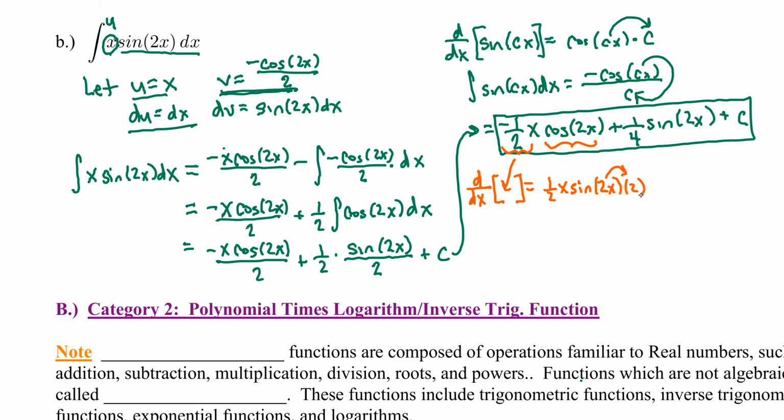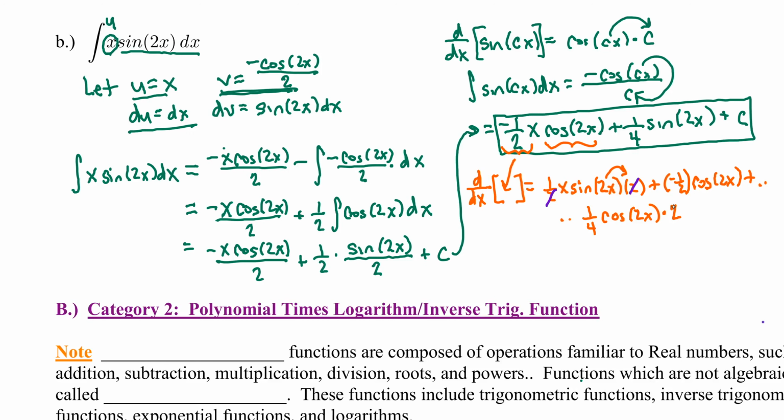So we have the first function times the derivative of the second plus the derivative of the first function, that's just negative 1/2, times the second, cosine of 2x. Plus, now we're ready to differentiate 1/4 sine of 2x. The derivative of that would be constant coefficient 1/4 times the derivative of sine, which is cosine. Argument stays the same until we get to the chain rule portion. Now, let's go ahead and simplify. Looking at that first term, the 1/2 and the 2 cancel.